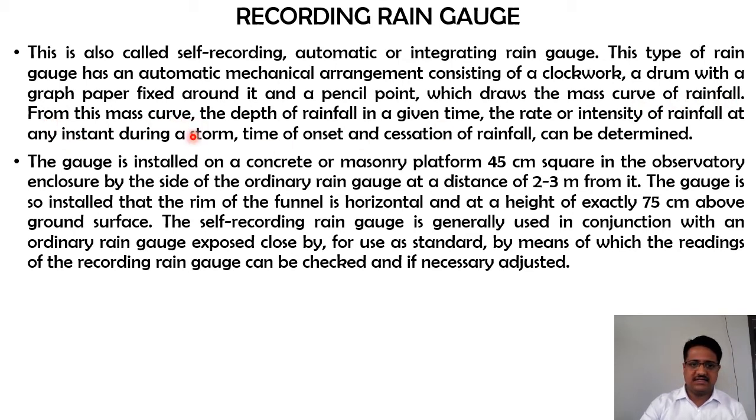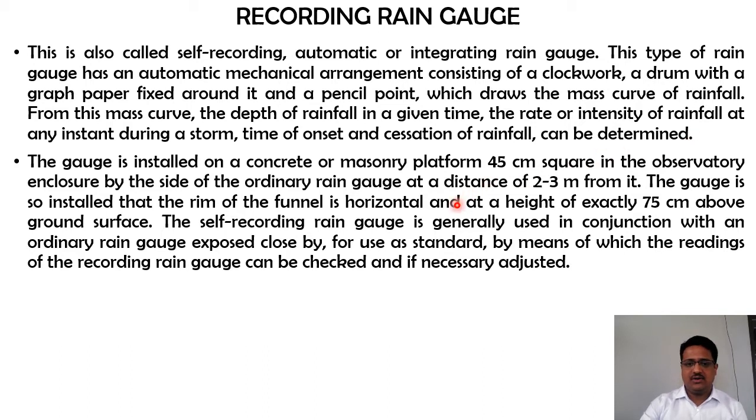From this mass curve, the depth of rainfall in a given time, the rate, the intensity of rainfall at any instant during a storm, and the time of onset and recession of rainfall can be determined.